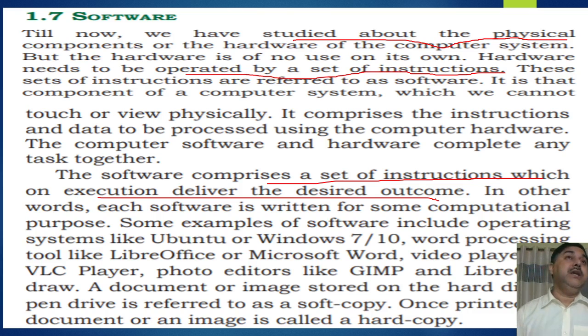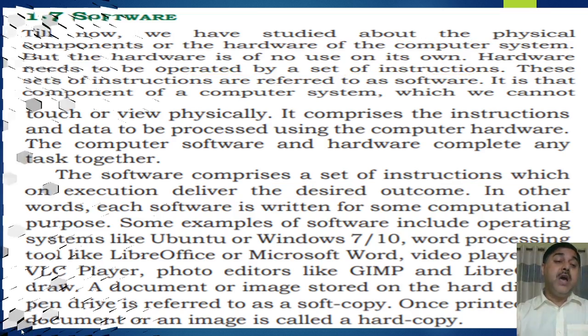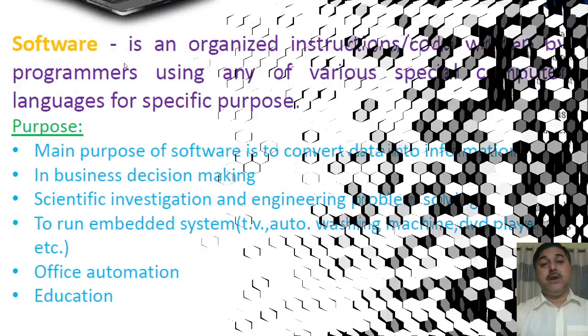But the diagram that we make in the computer is called the soft copy. So this is how you can have different types of software and work with different patterns of software.